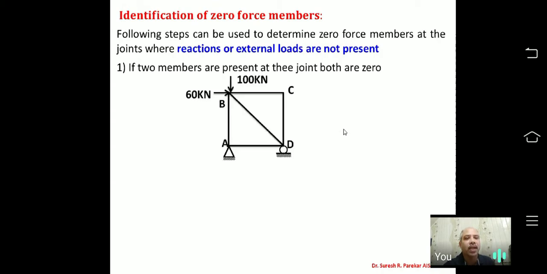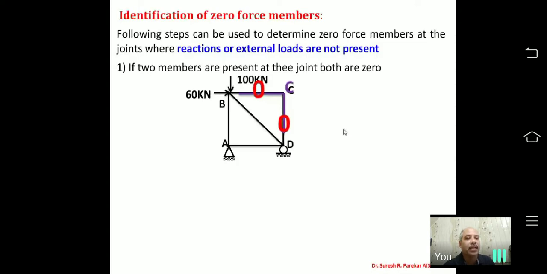Now you can see over here joint C, where we do not have any external load, we do not have any reaction, and we have two members CB and CD. Both members CD and CB become zero because we do not have any reaction or external load over there.